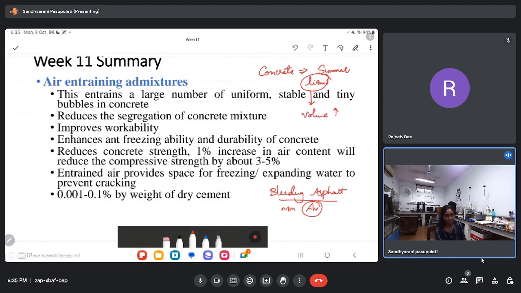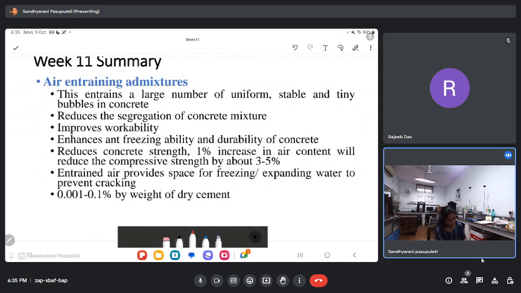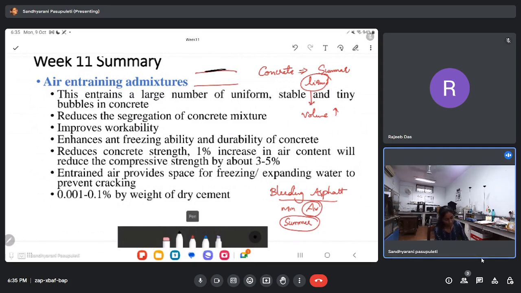During the summer, the binder present inside will not have enough volume to expand. Then the binder comes out of the asphalt pavement, and you can see a black, thick bituminous patch on the pavement itself, which is called bleeding.